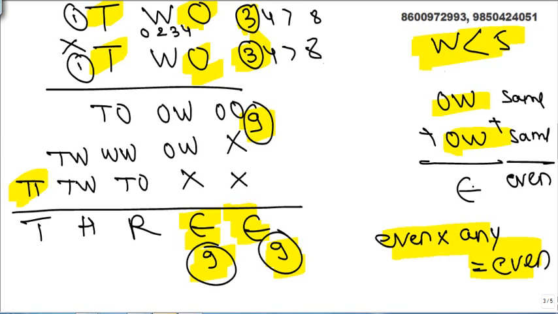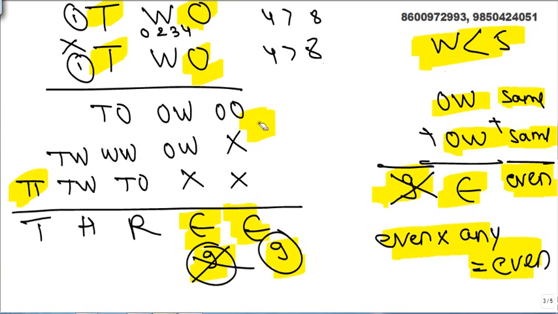How do we get E? OW into OW, we need 9. Now, same number plus same number is always even. OW plus OW will always be even. I need E as 9, which is not possible. Same number plus same number will always be even. It cannot be odd. 9 is not possible. So simply what we know is it cannot be 3.